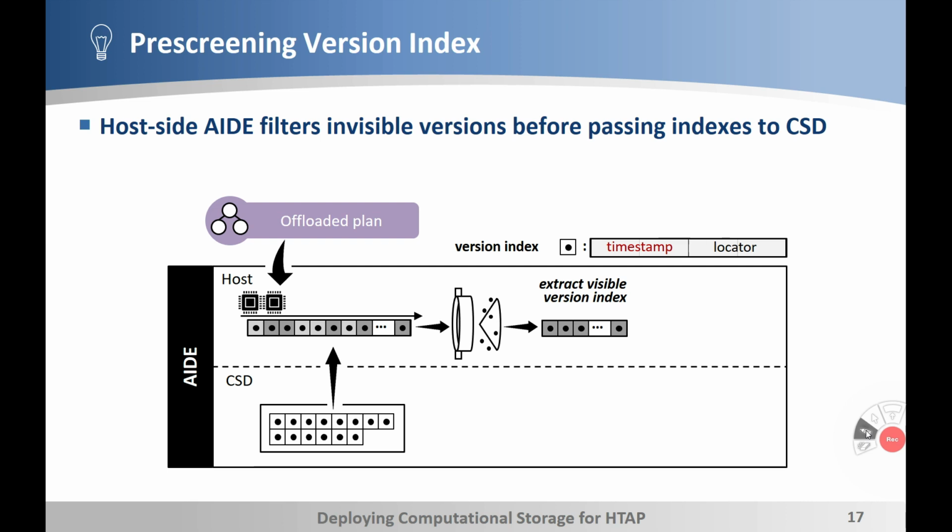As already mentioned, to forestall version traversal in CSD, host-side AID takes charge of version search. For each data file related to a given query, it reads timestamps in its associated version index file and filters out versions invisible to the given query by query snapshots. And we call this version pre-screening.